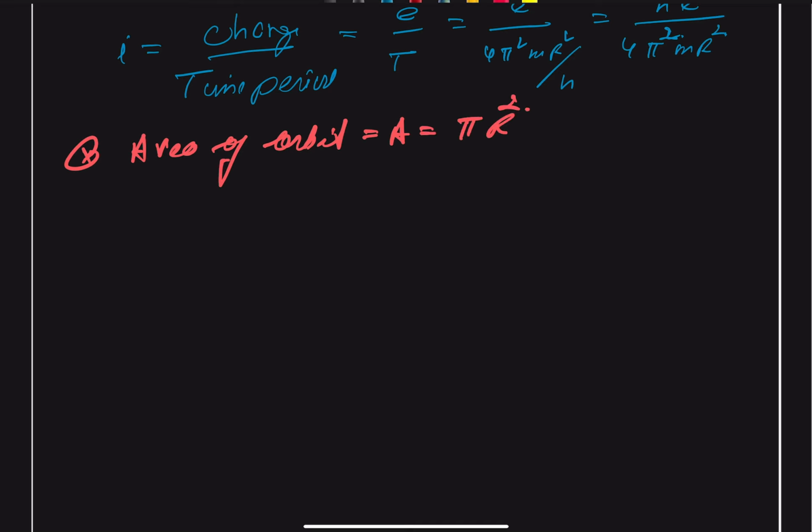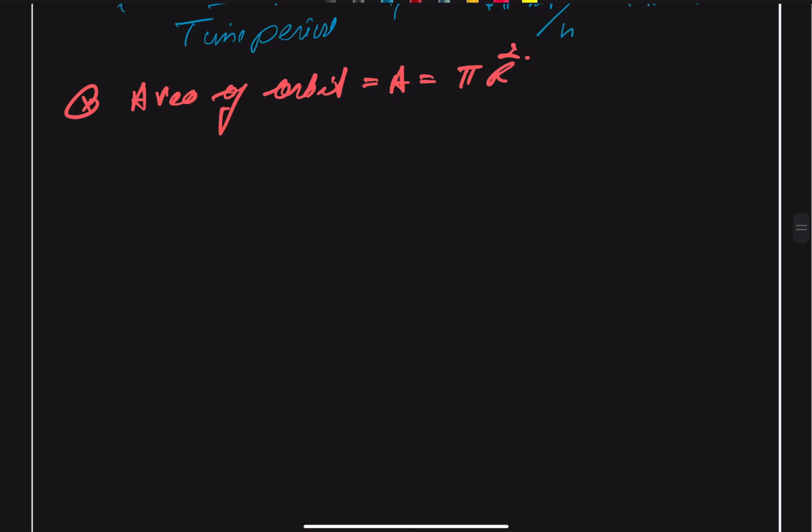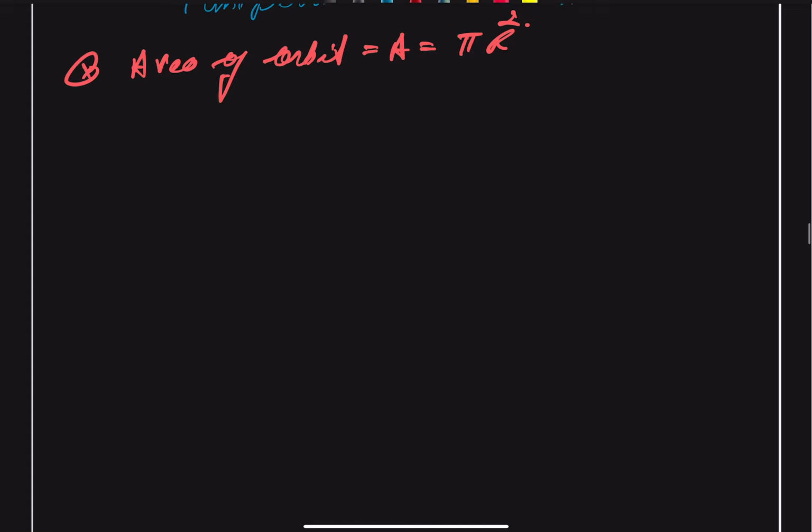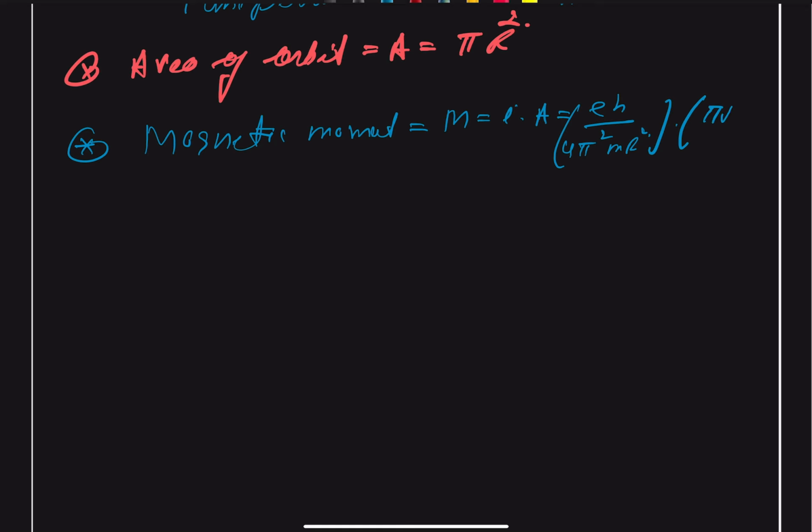So based on this, finally we can find out our magnetic moment, that is current and area. You can say the magnetic moment, that is M, will be equal to I A. We substitute the value of I, which is eh divided by 4 pi square m r square, and here we have pi r square, and pi r square cancels out.